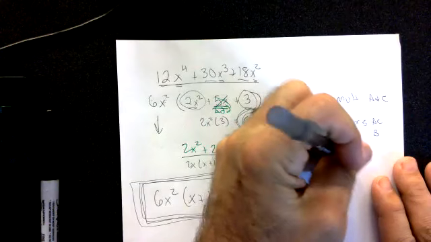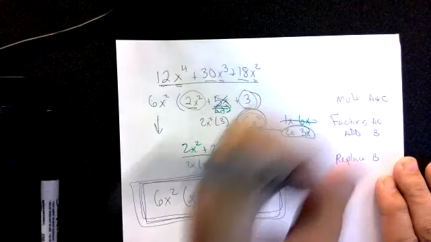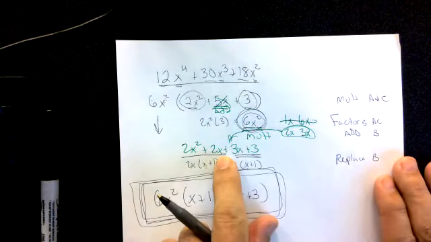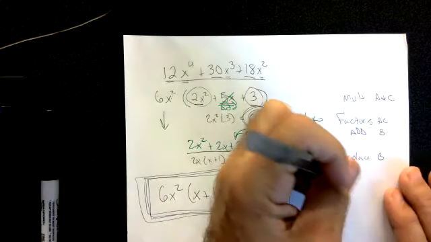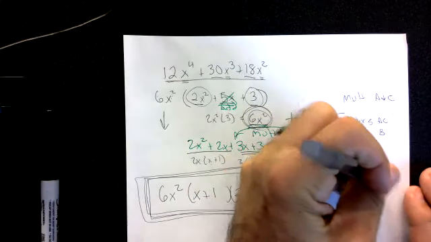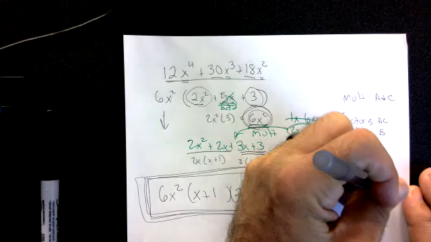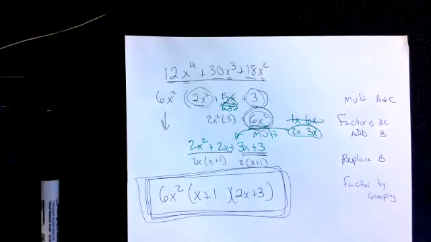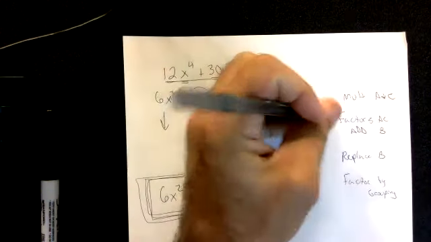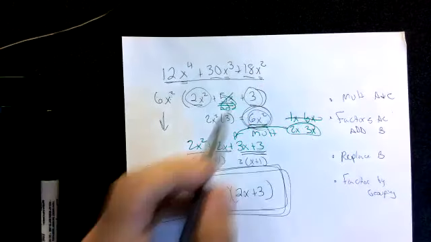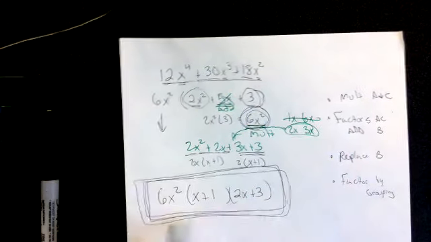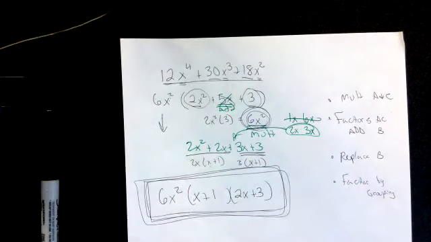Then we replace the B term with our factors and then factor by grouping. So it's basically 4 steps. It's kind of a convoluted process, but it does yield an answer without having to do any kind of guess and check.